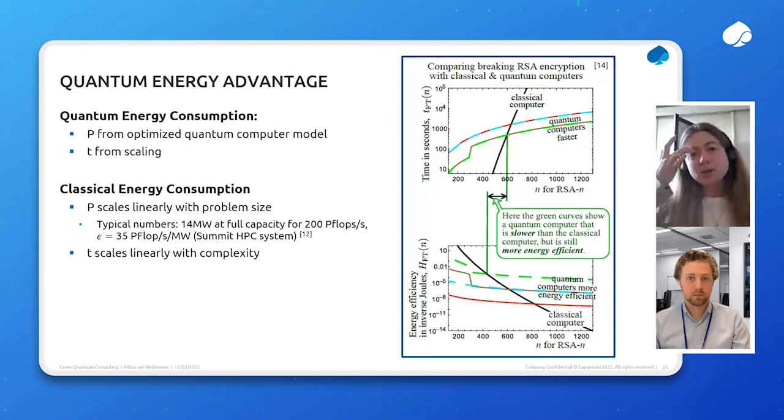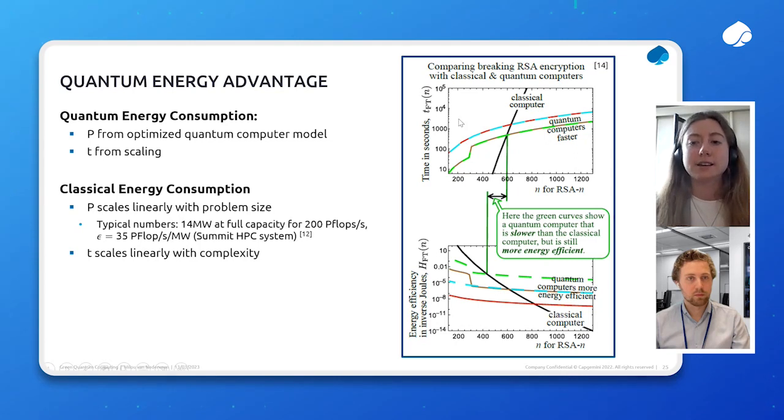To estimate the quantum energy consumption, the power is used from this optimized quantum computer model, and the time is used from the different scaling between your quantum and your classical algorithm, which is in this case exponential. You can see here on the right that the classical computer scales differently with time than the quantum computer.